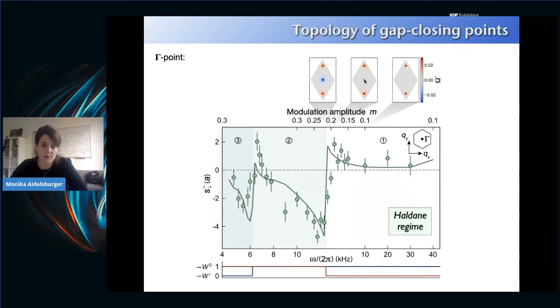Now, if we move towards the topological phase transition, we see that there's positive Berry curvature developing around this gap closing point. So this is the associated pi Berry flux, which then changes sign just across the phase transition. And this we see as the sign flip of our deflection that we measure by tracking the center of mass motion of our cloud. And now from the previous energy gap measurement, we know that the gap closing point occurred between Floquet zones.